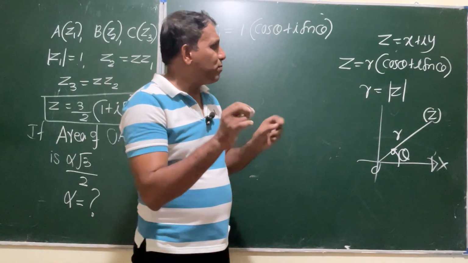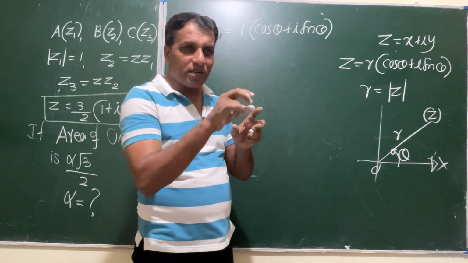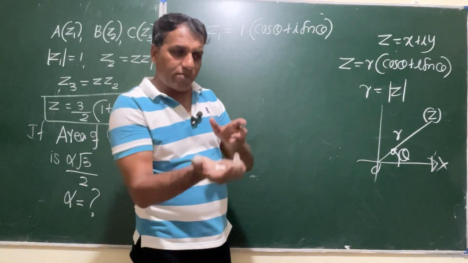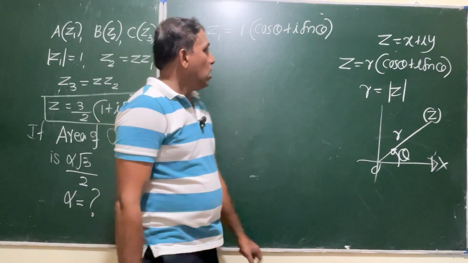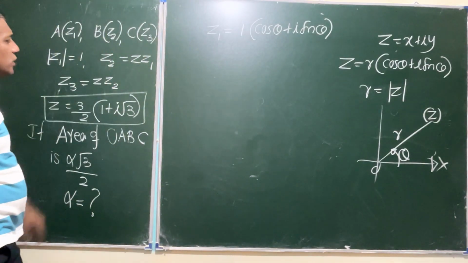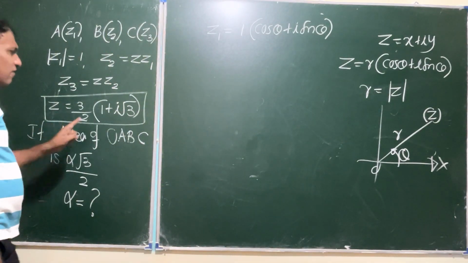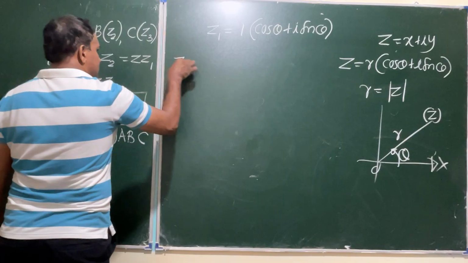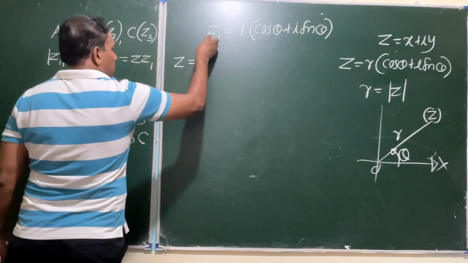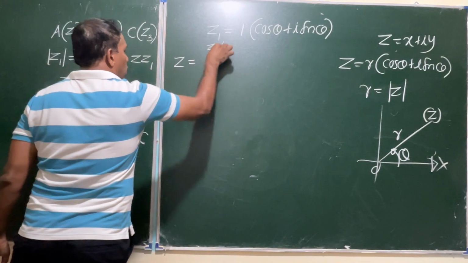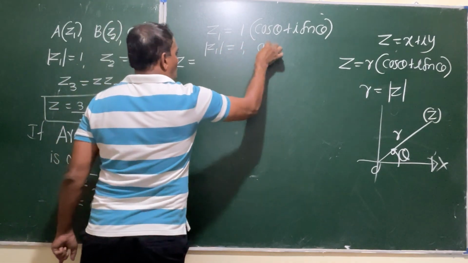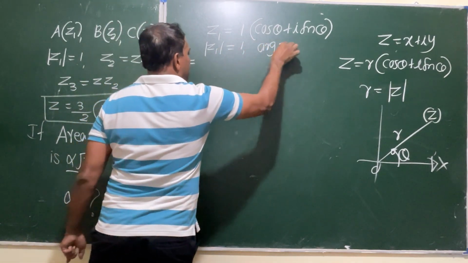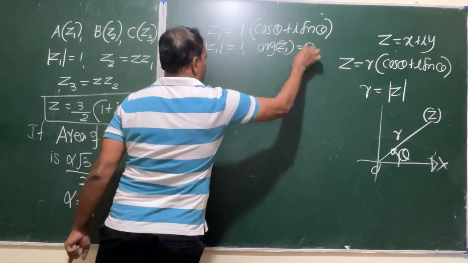Therefore, you can plot it randomly, I don't know what the angle theta is, we mark theta from the positive direction of the x-axis. Okay, come back to z2. How is it? We come to z. What is z? If I mark, modulus of z1 is 1, argument of z1 is theta, okay?